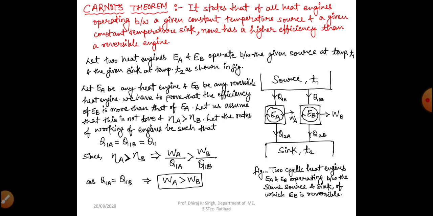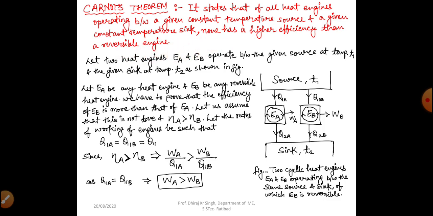Now dear students, we will move to Carnot's theorem. What is Carnot's theorem? It states that of all heat engines operating between a given constant temperature source and a given constant temperature sink, none has a higher efficiency than a reversible engine.